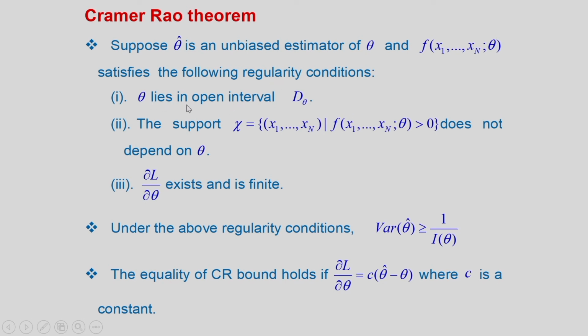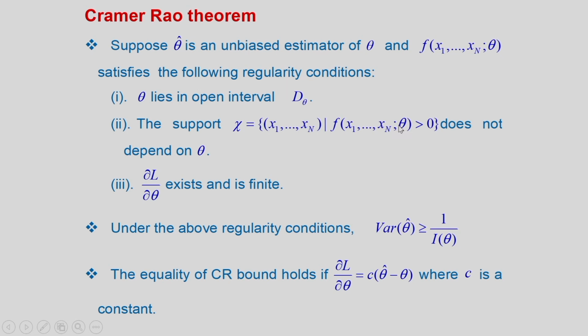That is, theta lies in an open interval D theta. There is an interval D theta on which theta is defined. The support chi, this is defined by x1, x2 up to xn such that this likelihood function is greater than 0.